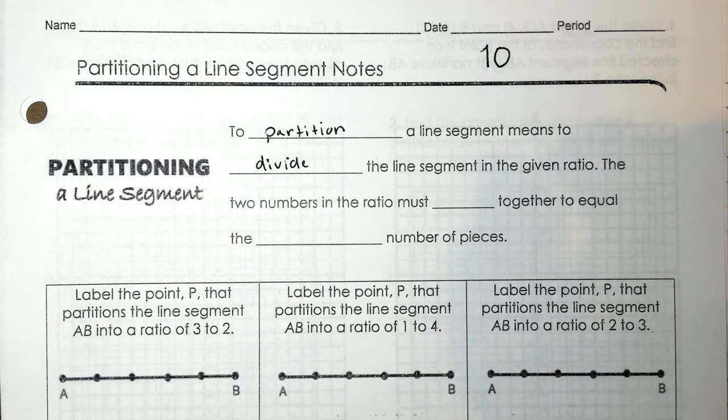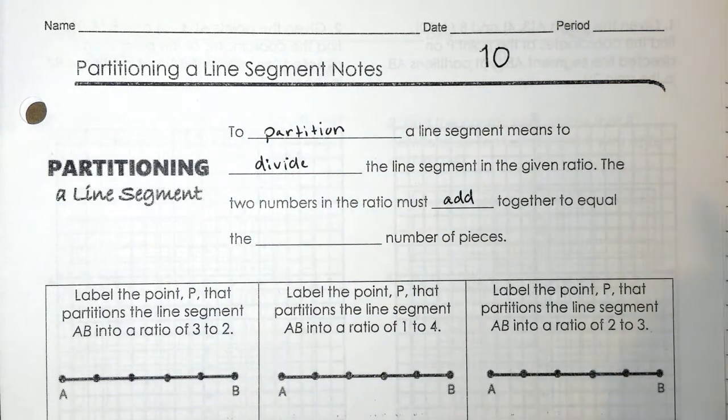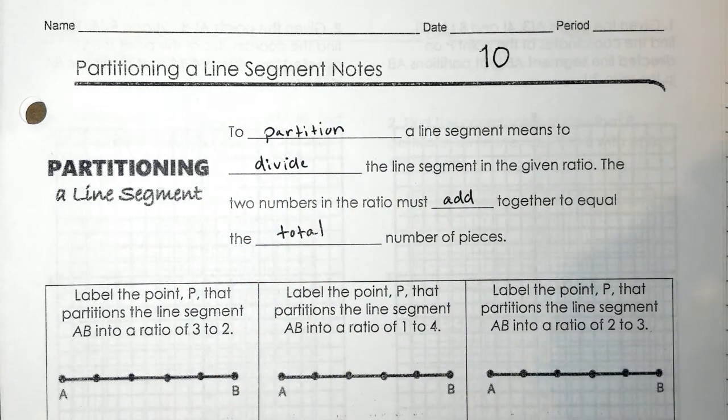The two numbers in the ratio must add together to equal the total number of pieces. The vocab is always there just to give you a definition, but to see what we're really talking about, we're going to come down here and actually apply that language.